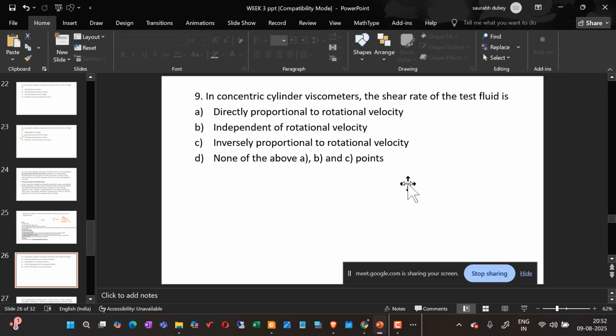Similar questions you can expect in the exams also about different geometries. Here you have been asked about the concentric cylinder. Maybe there you will be asked about cone and plate geometry, and then a subsequent cylinder plate kind of rotating geometry. Or sometimes in the exams you will be asked about when both the plates, bottom and top, are rotating, right?